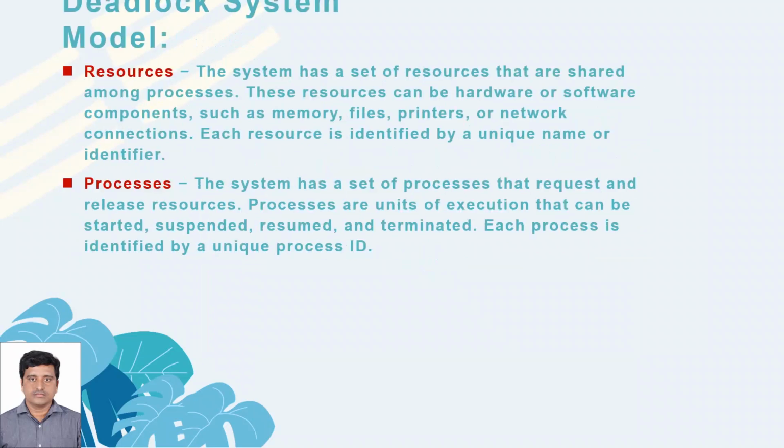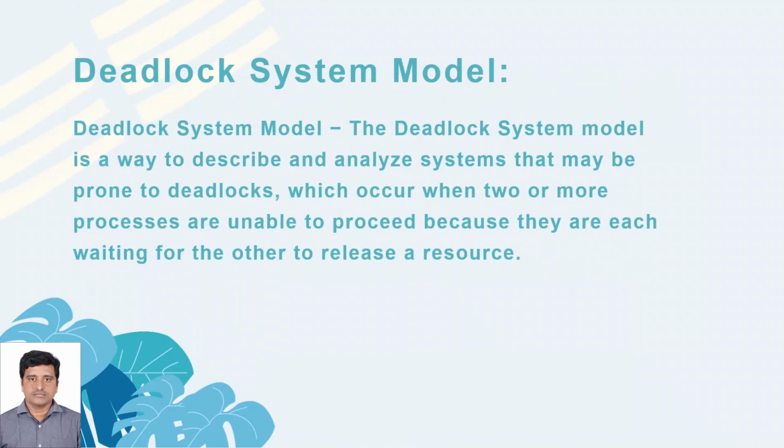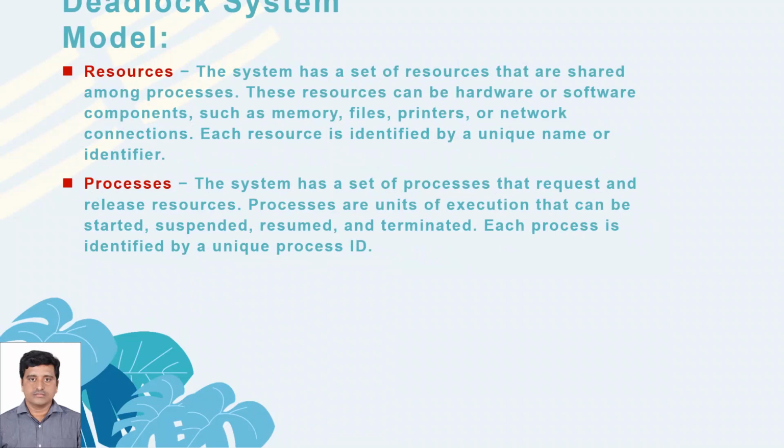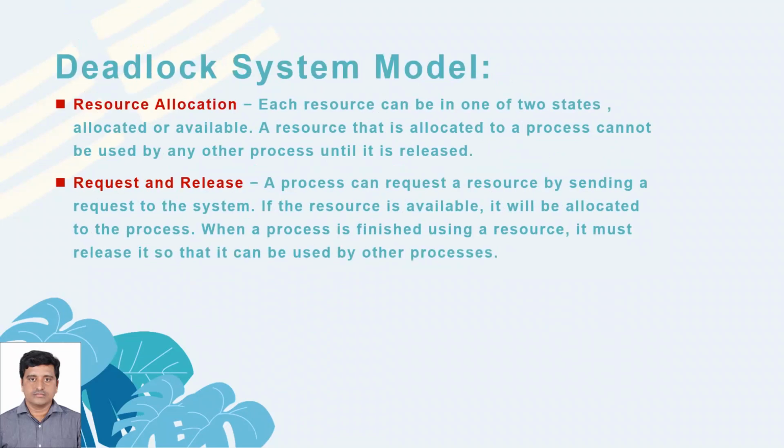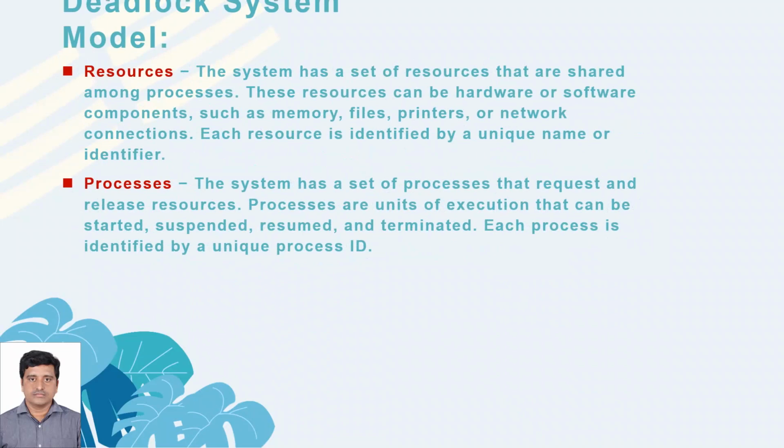Deadlock system model. In this model, we analyze a system that may be prone to deadlock, which occurs when two or more processes are unable to proceed because they are each waiting for the other to release a resource. First, we discuss the resource. A resource is nothing but memory, a file, a printer, a network connection, etc. It has a unique name or identifier.